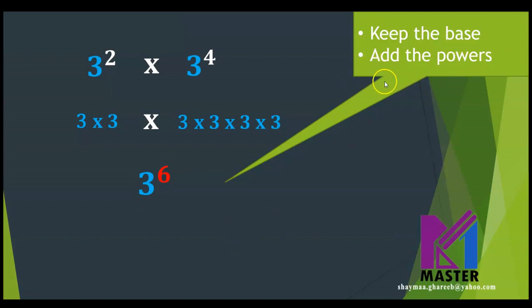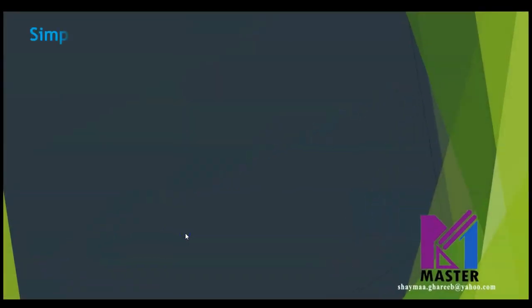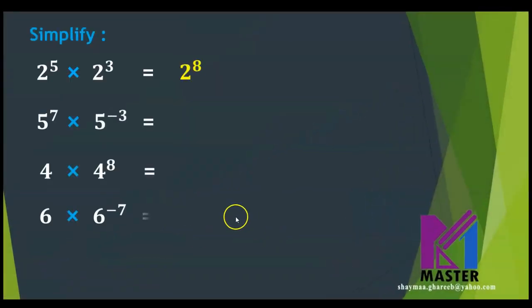It's really important to know this rule. We have to keep the base number as it is, which is the 3 in this case. And for the power, we add all the powers in the sentence. Is this clear? Let's go to more examples. The first example here, 2 to the power of 5 times 2 to the power of 3.